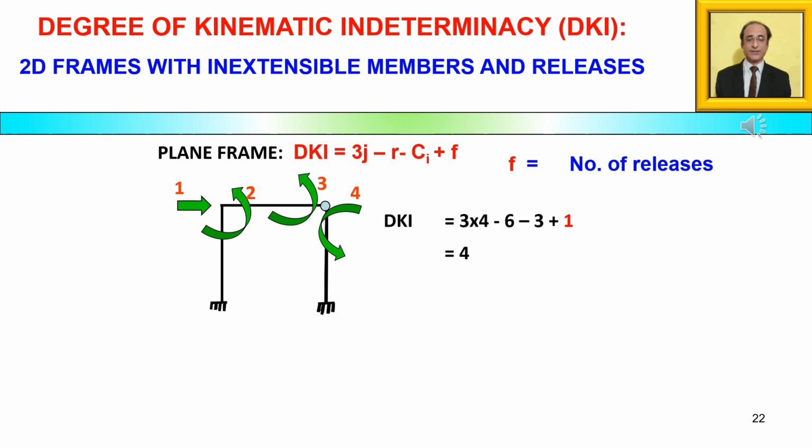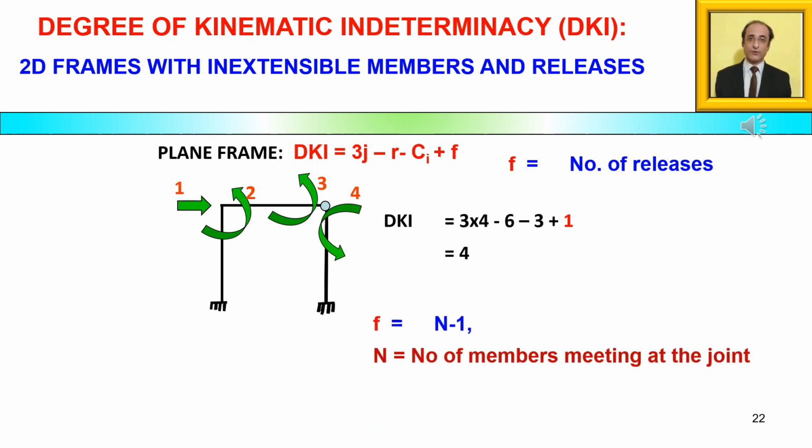So for this particular frame, we find that because there are 2 members meeting at the hinge, the value of f is 1. So the final answer for the DKI comes out to be 4. And we can identify these degrees of freedom as shown here, 1, 2, 3 and 4.